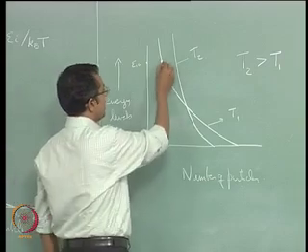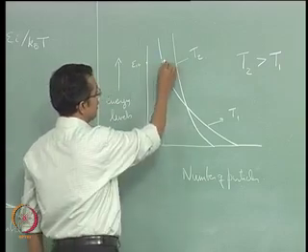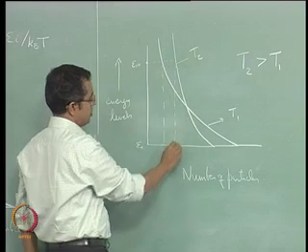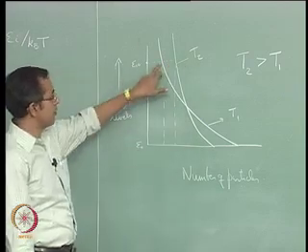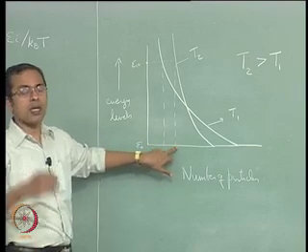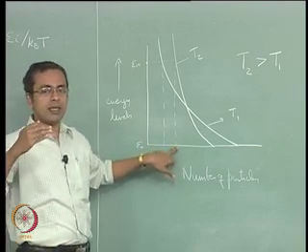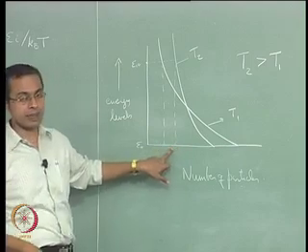At E10, which is a high energy level, originally we had a certain number of particles, now we actually have a larger number of particles. So the higher energy level is more heavily populated in this temperature condition.